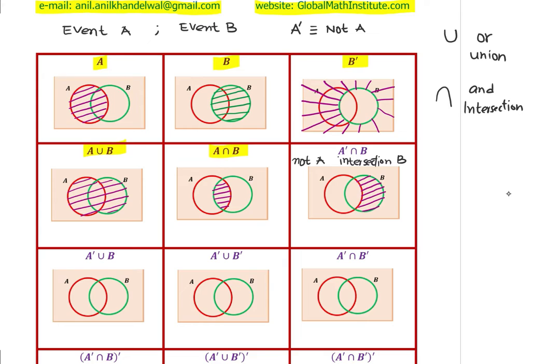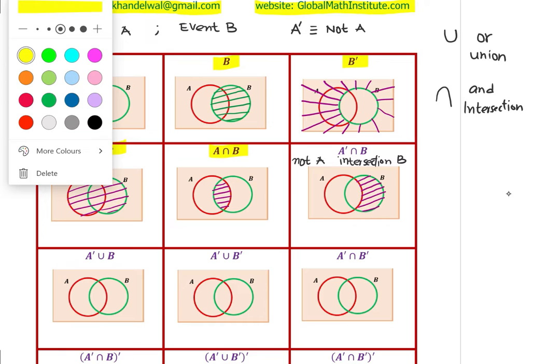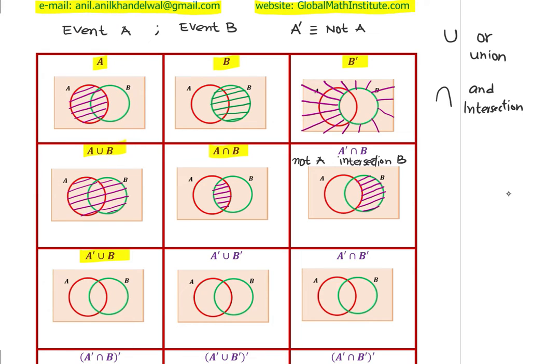Now we'll look into not A union B. Means outside A, or B, right? So this means not A or B. Union means or, right? B is included anyway. In this case, it is better to think like this. Or B means B is of course there, so I'll shade B first.